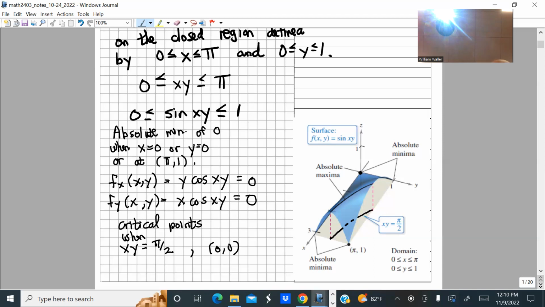So let's just fill it in here for completeness. So we have absolute max when x times y is equal to pi over 2, right along that curve, or right above that curve, we should say.